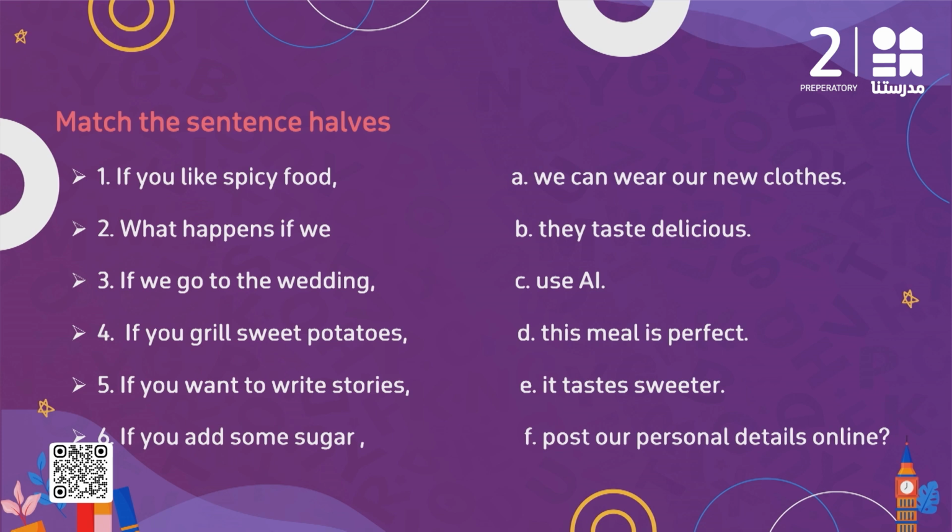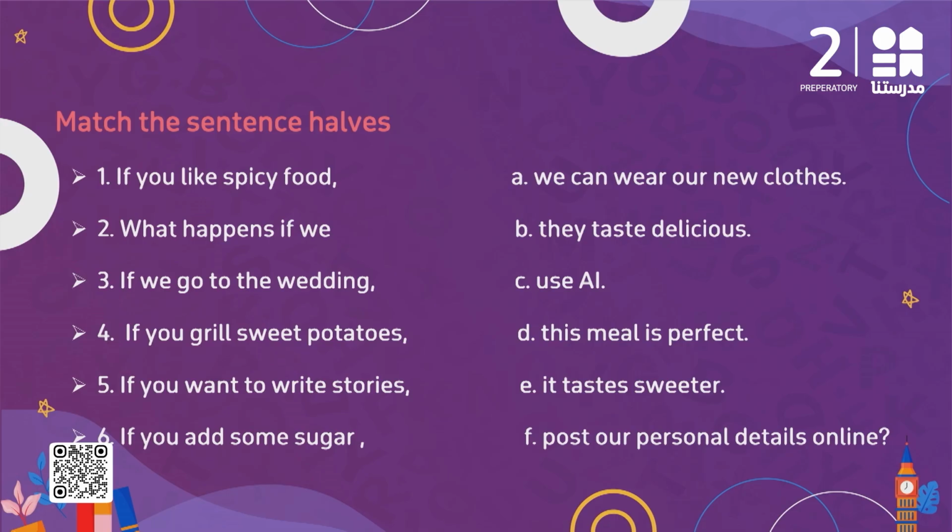So if you like spicy food, what will you do? If I'm trying to tell you about a specific meal and I want to check if you're going to like it or not, I already know that you like spicy food, so I can tell you, if you like spicy food, this meal is perfect for you.